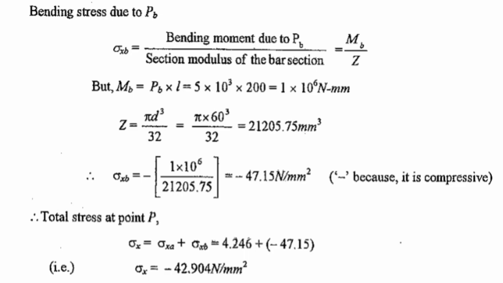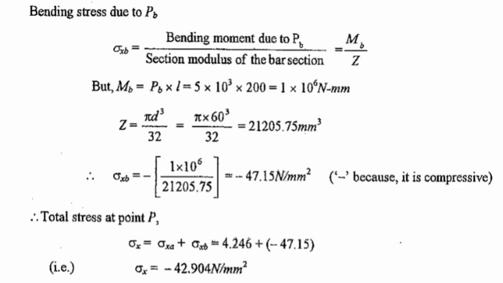Then the section modulus for a circular cross section is pi d cube by 32. So finally, 21,205.75 mm cube as section modulus, and the bending stress is minus 47.15 Newton per mm square, and the negative sign is due to compressive stress.